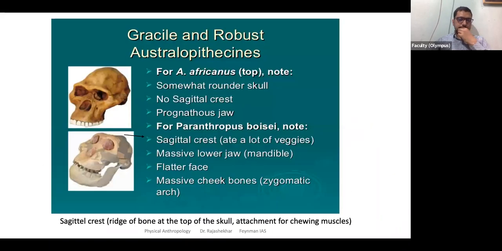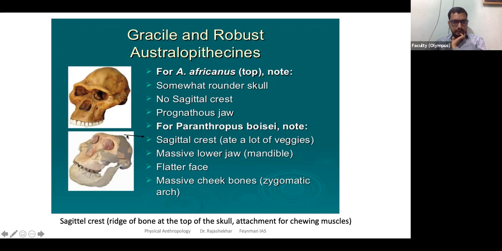So the robust version, the other bigger version of the Africanus I was telling you about, or Anthropus, so the Australopithecines I was talking about. Skulls were round. Some of the skulls found were related to this. And sometimes you hear what is called the sagittal crest.